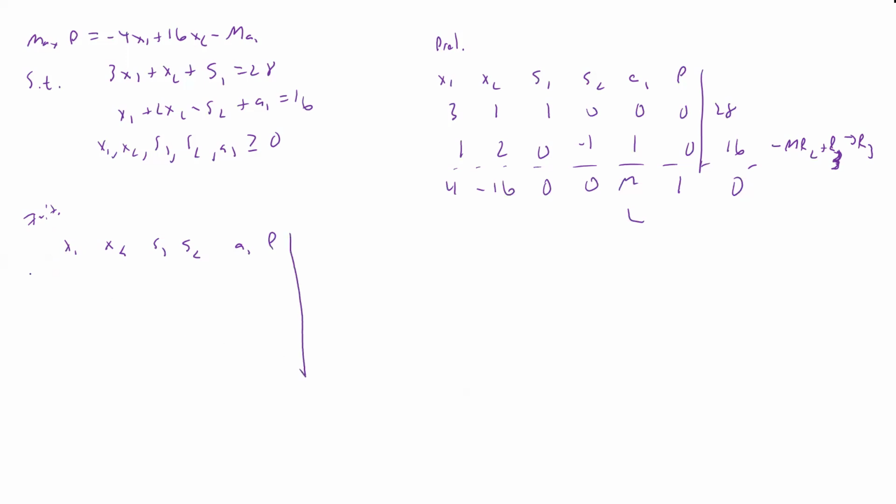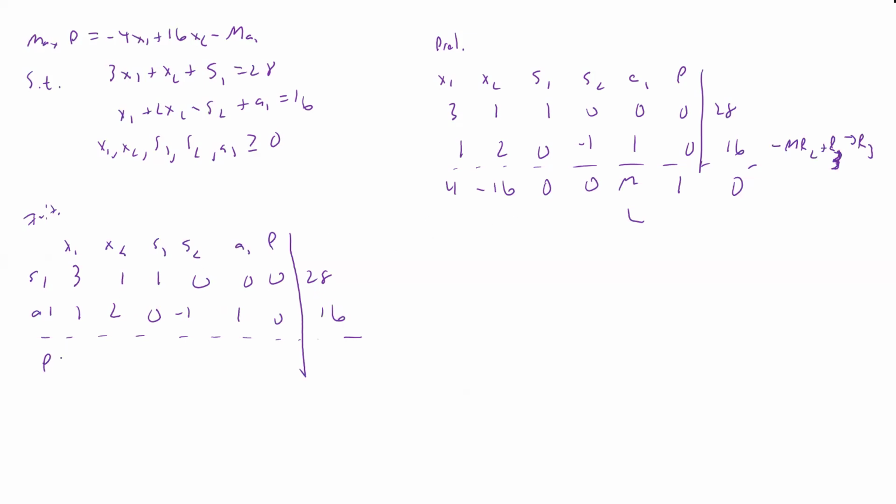And so then we have an s1, an a1, and we have a p. Okay. And so now we have a 3, a 1, a 1, a 0, a 0, a 0, a 28, a 1, a 2, a 0, a minus 1, a 1, a 0, and a 16.